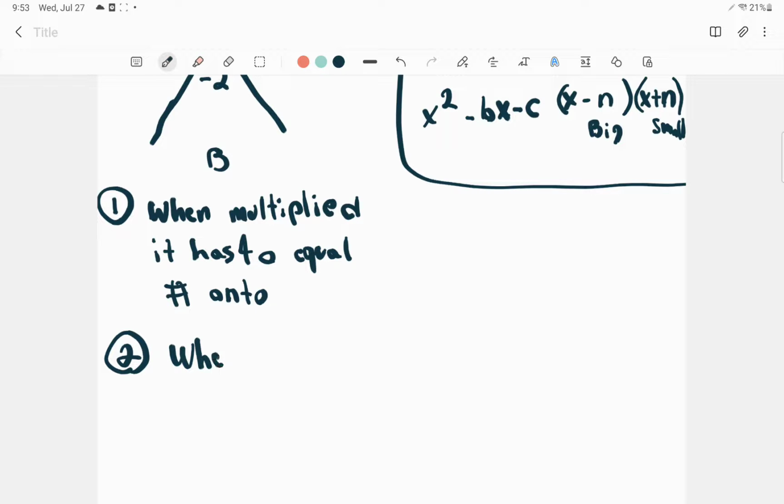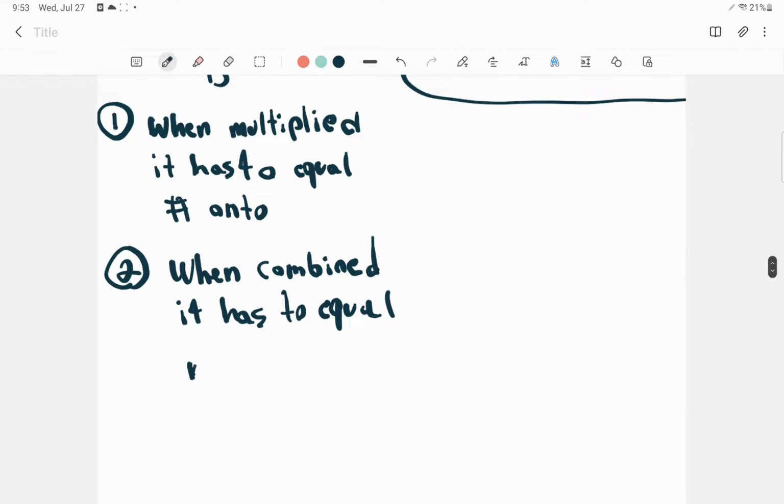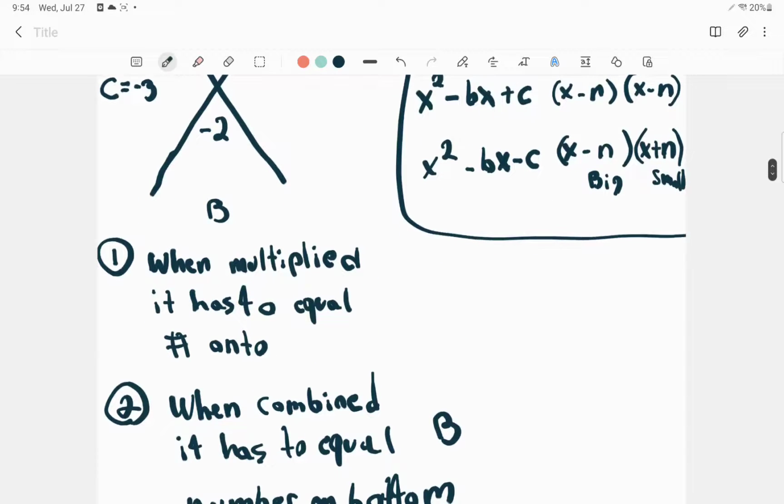When combined, the two numbers on the sides has to equal the number on bottom. In other words, when combined, it has to equal B. When multiplied, it has to equal A times C.